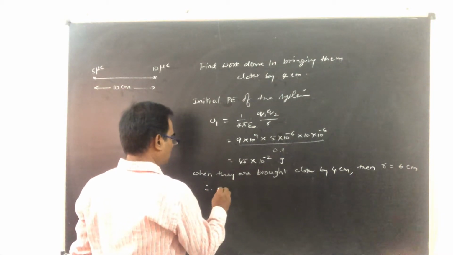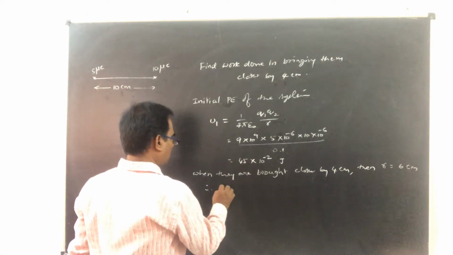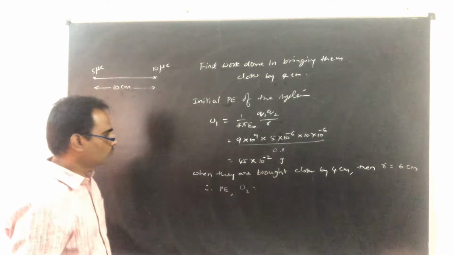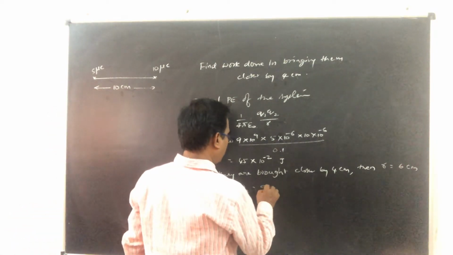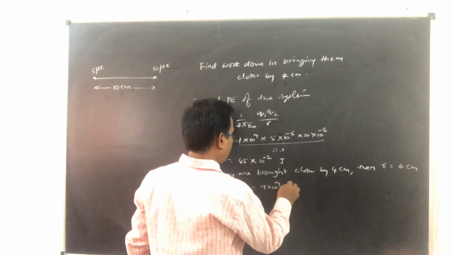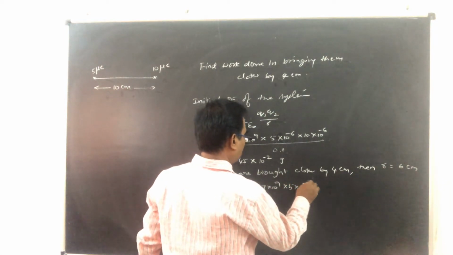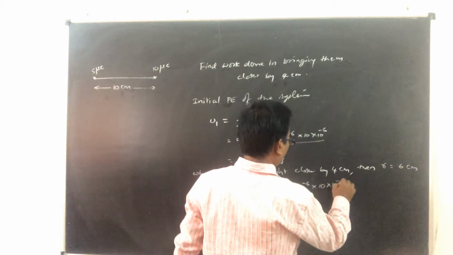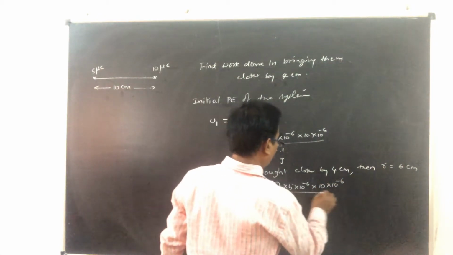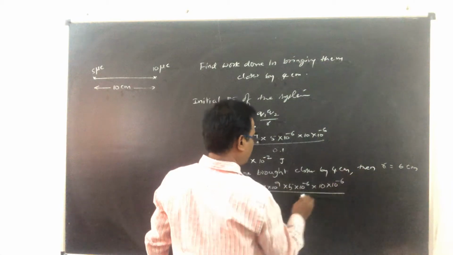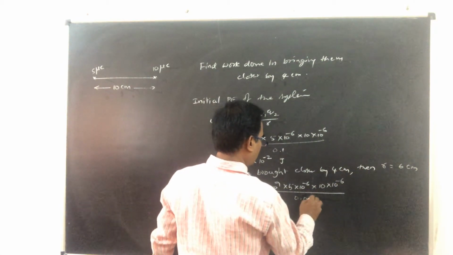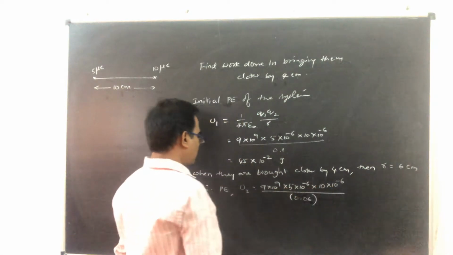Therefore, potential energy U2 is given by 9 into 10 to the power of 9, 5 into 10 to the power of minus 6, 10 into 10 to the power of minus 6 divided by 6 cm, which means 0.06 meter. So you do this calculation.